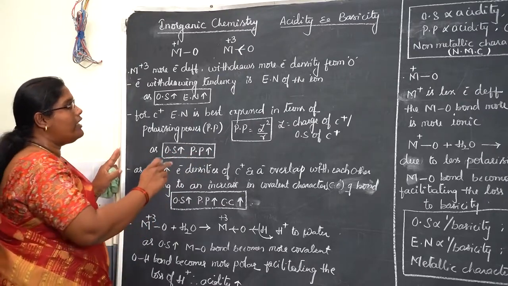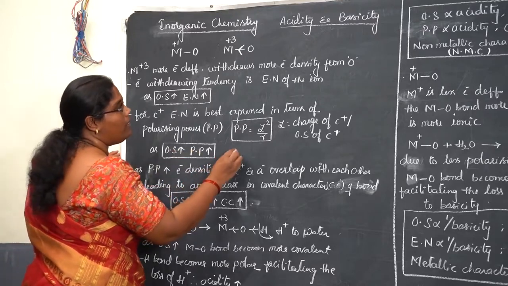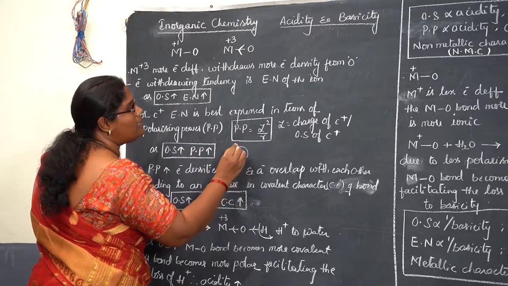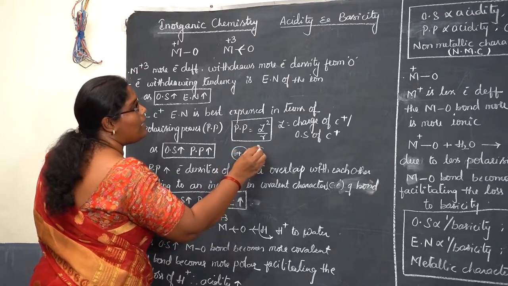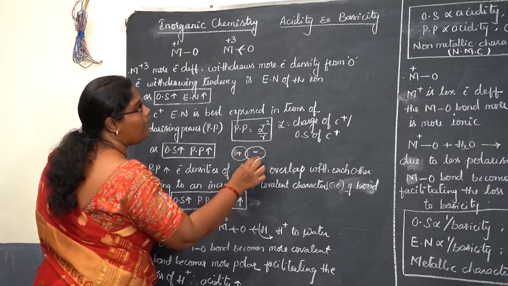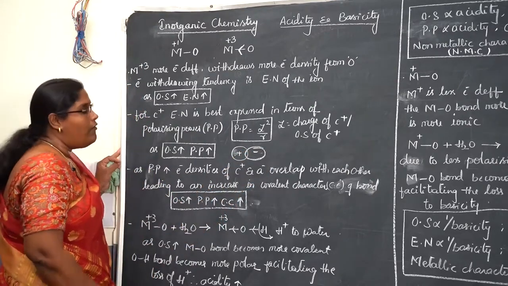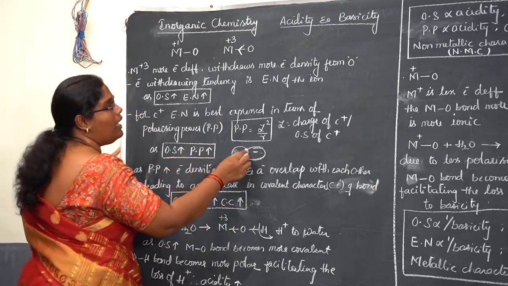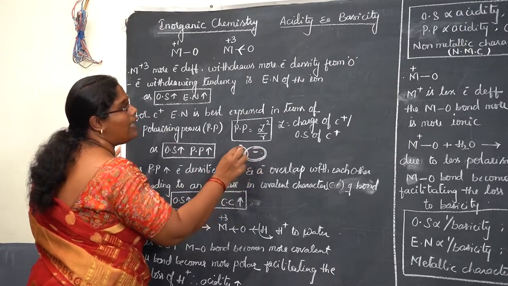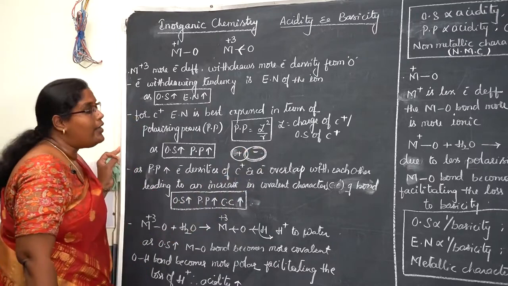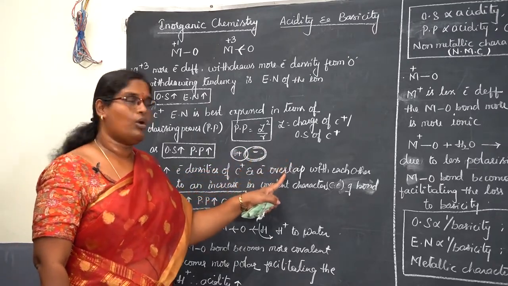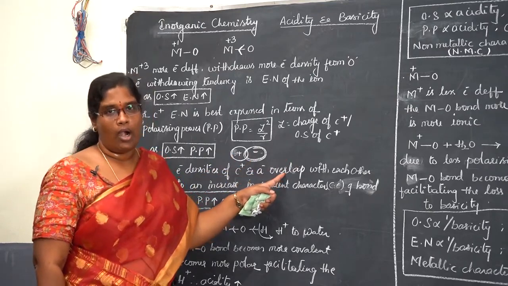And what is the effect of this polarizing power? When the polarizing power is more, the electron density of the cation and the electron density of the anion start overlapping with each other. Due to this overlapping tendency, it is nothing but the covalent character of the bond.